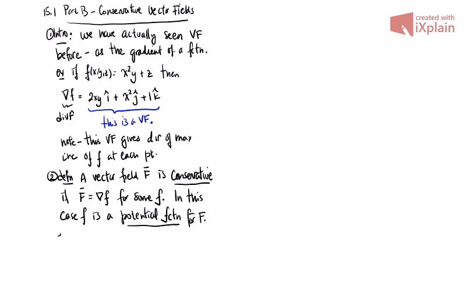So for example, this guy that we had at the top, if I started with the vector field big F equals 2xy i plus x squared j plus 1 k, that vector field is conservative because big F is the gradient of little f for little f of x, y, z equals x squared y plus z.